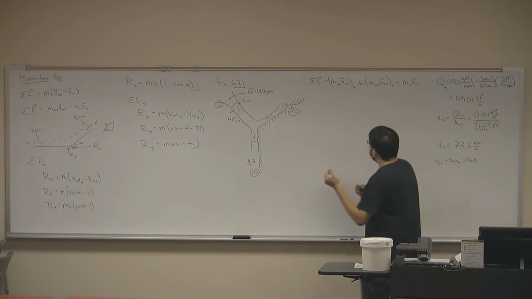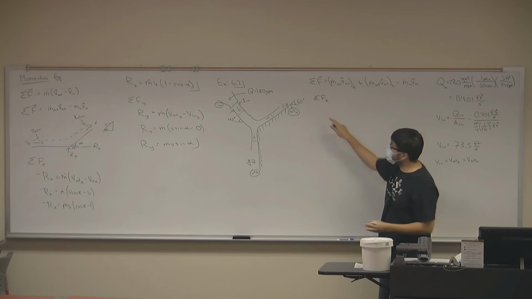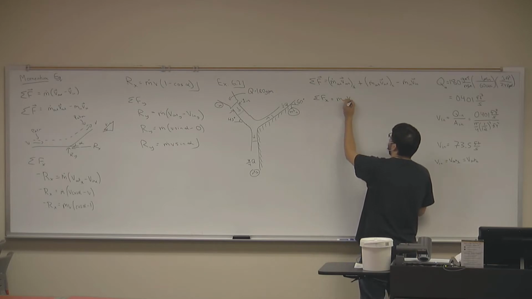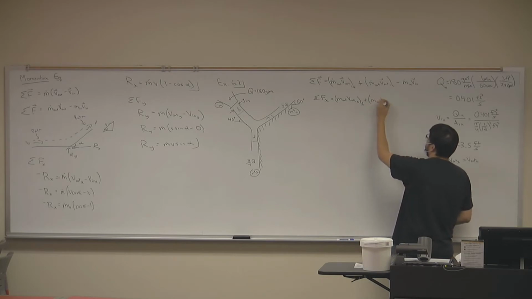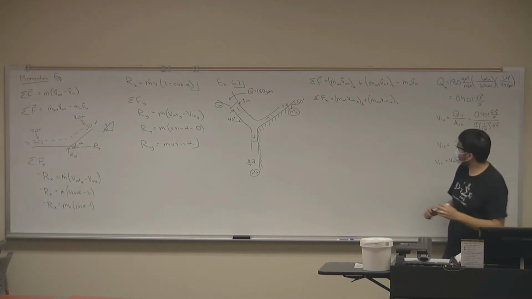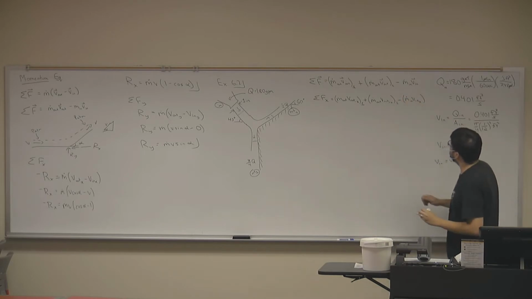So we get that the sum of the x component of the forces equals my mass flux out times the x component of my velocity leaving the system for the first outlet, plus my mass flux out times the x component of the velocity leaving the system for the second outlet, minus my mass flux in times the x component of the velocity entering the system.